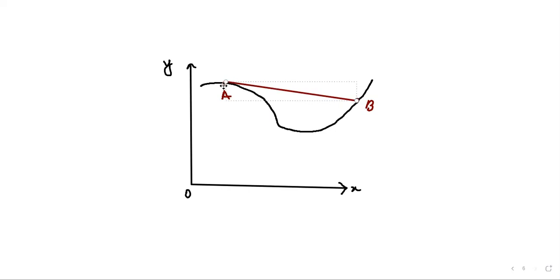Then the line is above the graph, right? It's not below the graph, it is above the graph. So because this line is above the graph, and we said that the line should never be above the graph, I can say that this is not concave. Because the definition of concave is that whenever you join 2 points on the graph, it is never above the graph.